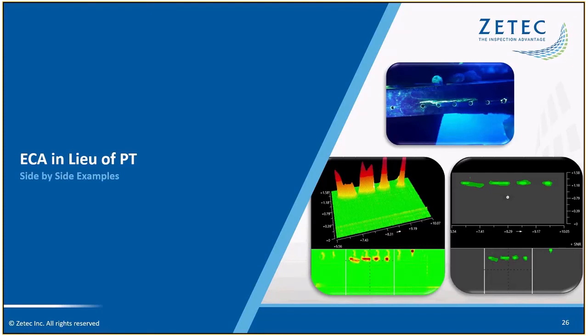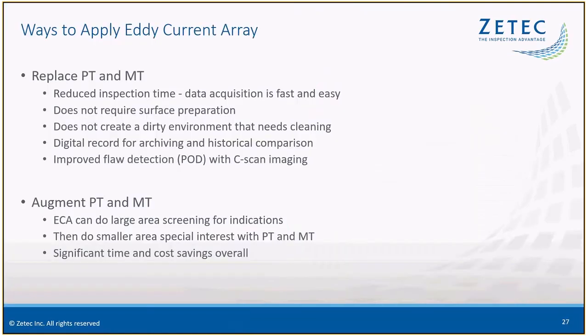All right, so looking at ECA in lieu of PT, this is now side-by-side examples where you have an inspection done in PT and you can see it in eddy current array. There are two ways to apply eddy current array when you want to do something other than PT or MT. You can do a full replacement of the entire inspection.